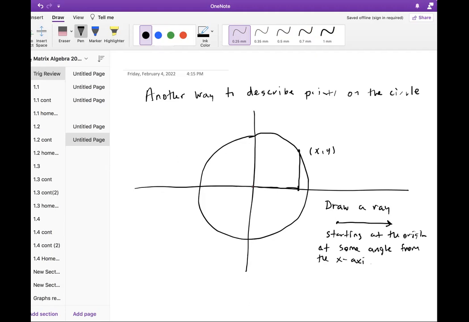So I'm going to start my ray at the origin, and draw a ray at some angle from the x-axis.